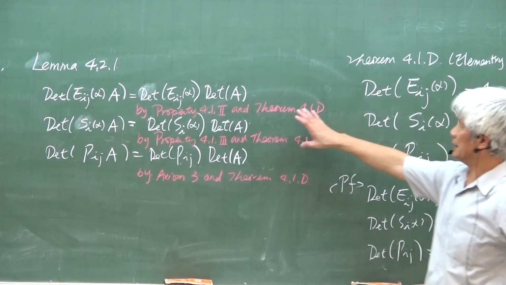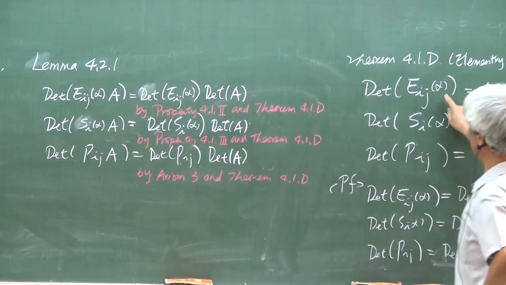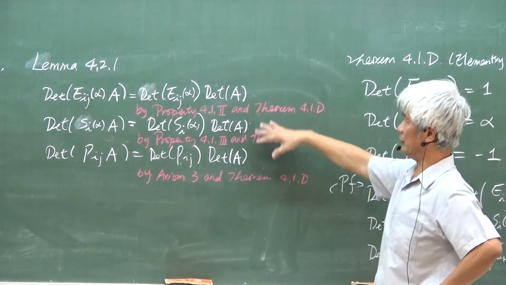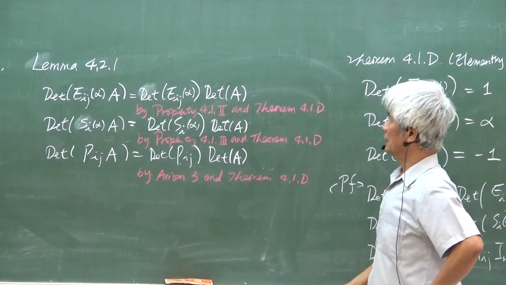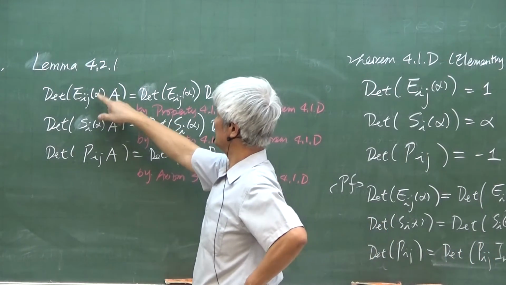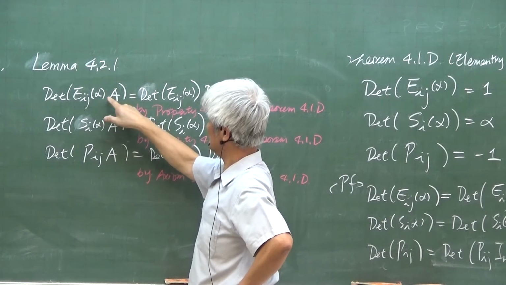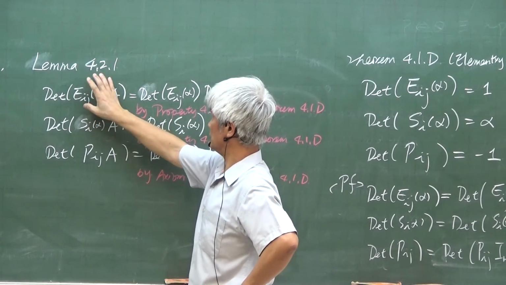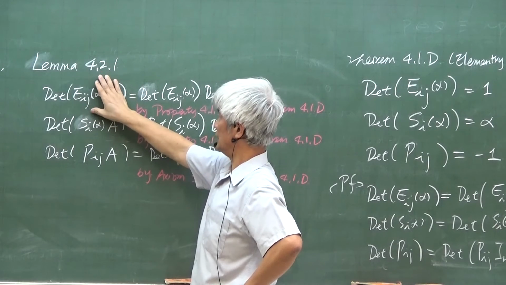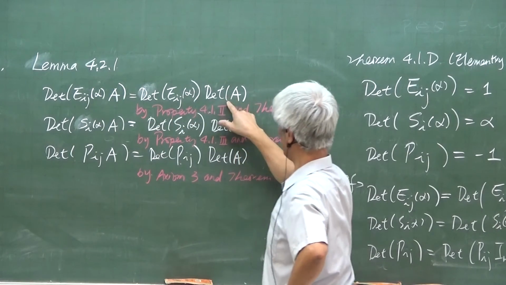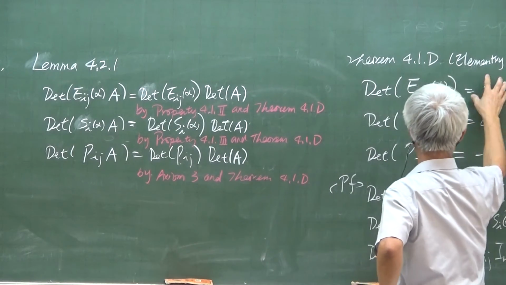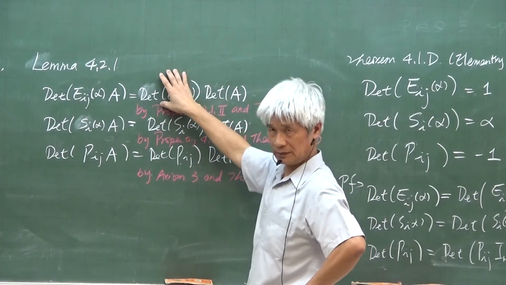So this lemma is actually just all the many concepts we mentioned before, because we operate on A by a replacement operation. We will not change the determinant, so it would be equal to this one. But the determinant of this one is 1, right? Already. So just move to here.